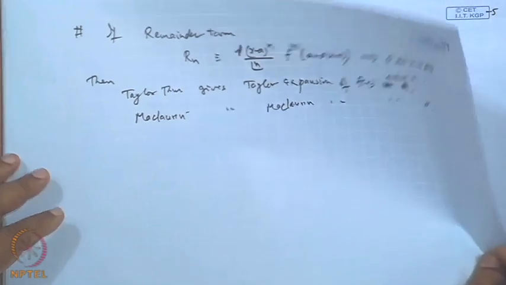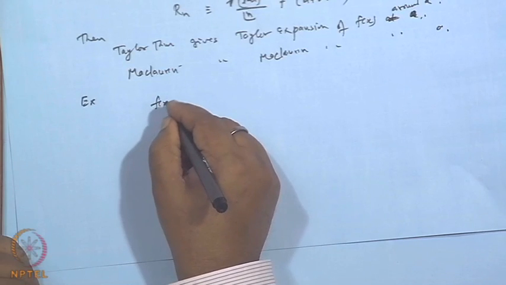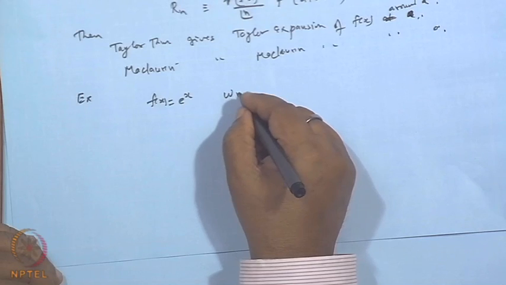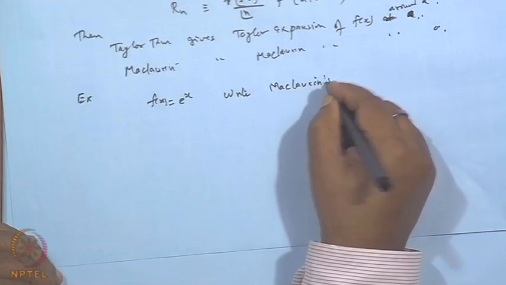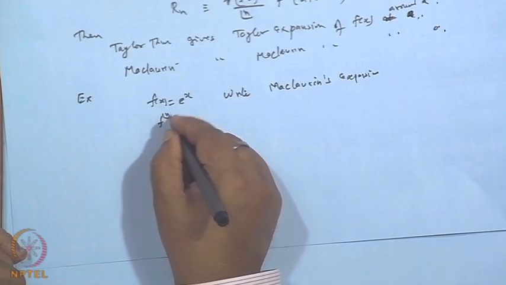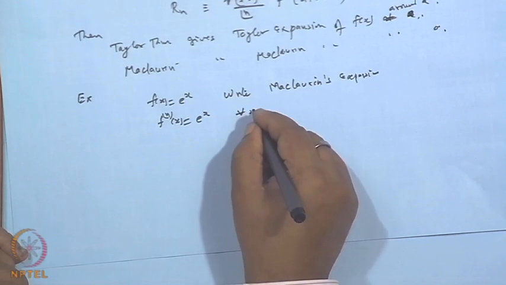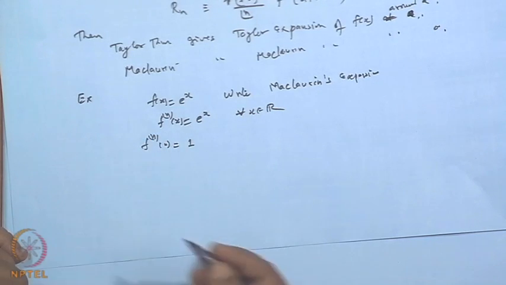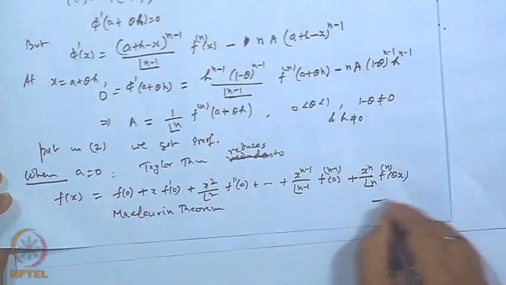Okay. So, for example, suppose I take the function f(x) equal to e to the power x. Write down the Maclaurin's expansion of this function. What is our derivative? If I differentiate n times, it is nothing but e to the power x itself. This is true for every x belongs to R. When you take 0, it is 1. Now use the Maclaurin's series expansion, let it be 3.